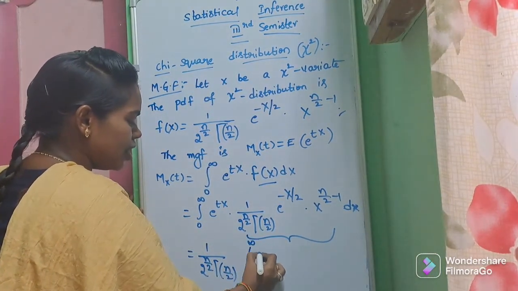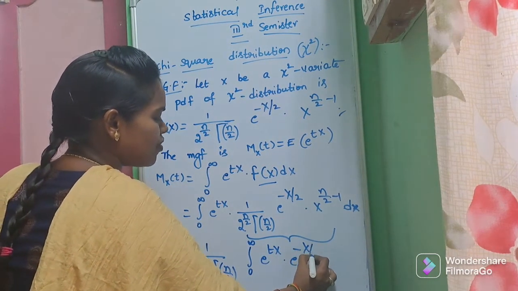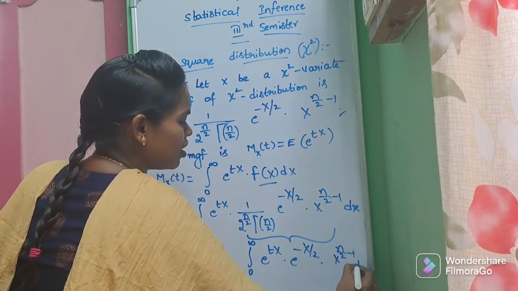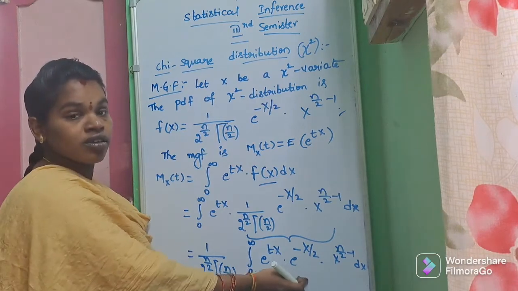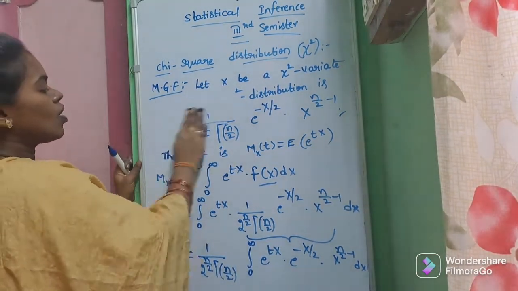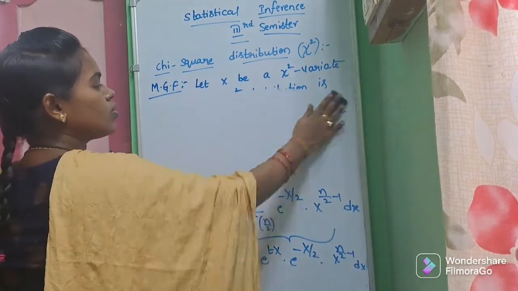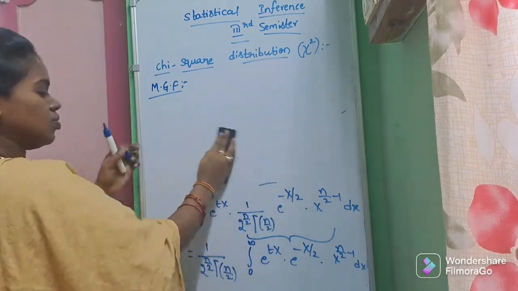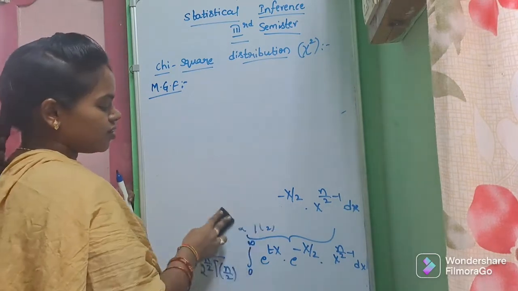The integral from 0 to infinity of e power tx into e power minus x by 2 into x power n by 2 minus 1 dx. We have to simplify this value.